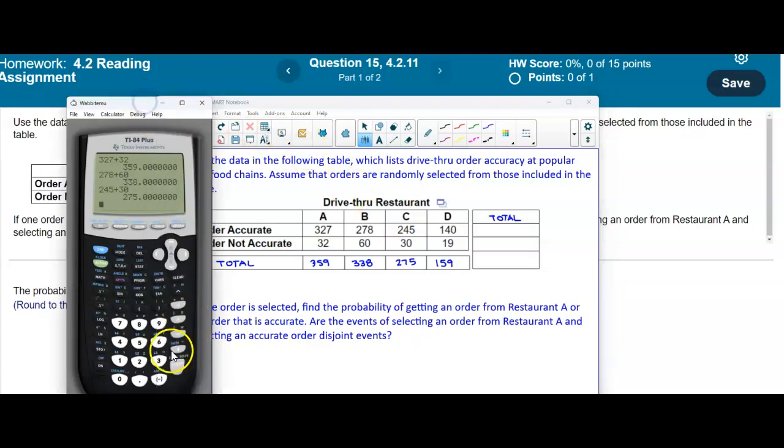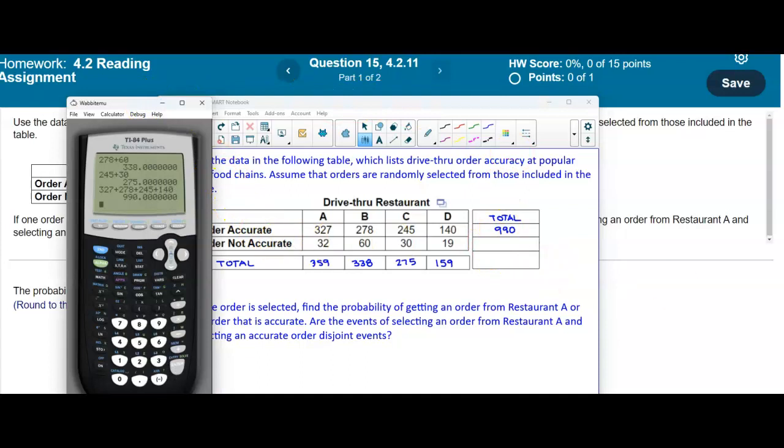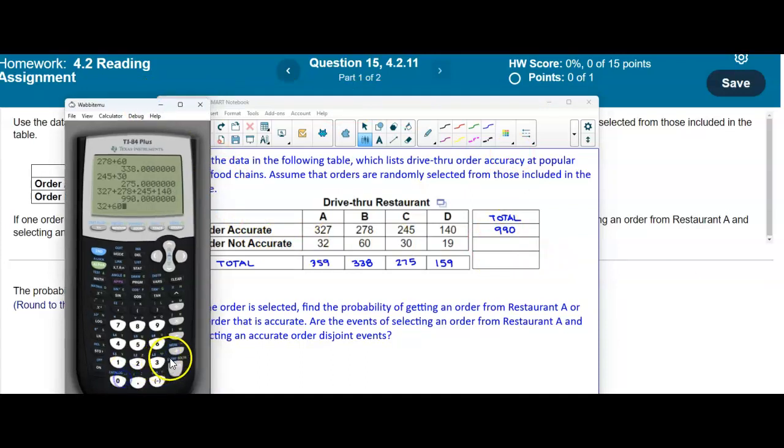And then let's add across. 327 plus 278 plus 245 plus 140 gives us 990. Then let's add the next row, which is 32 plus 60 plus 30 plus 19, which gives us 141.